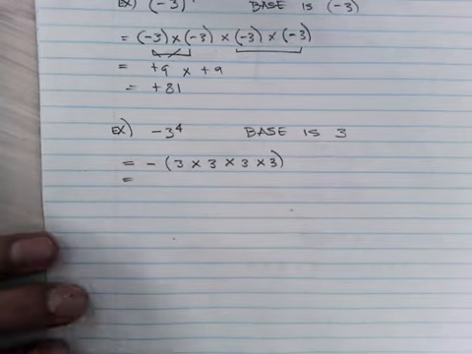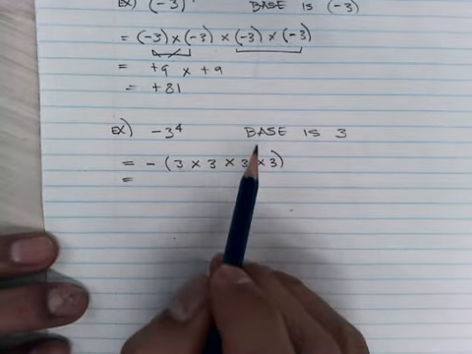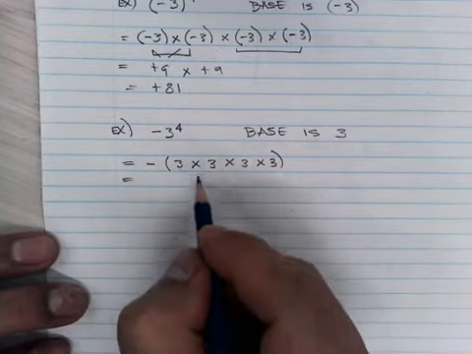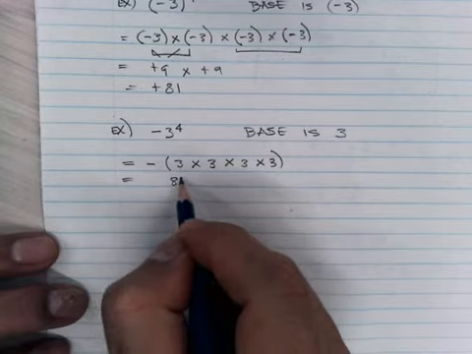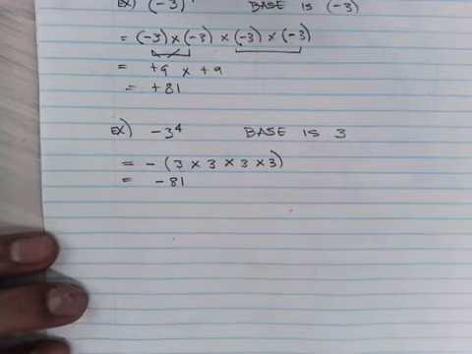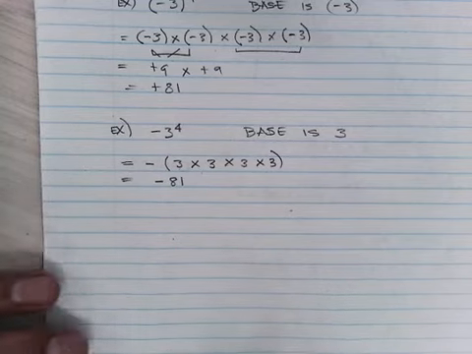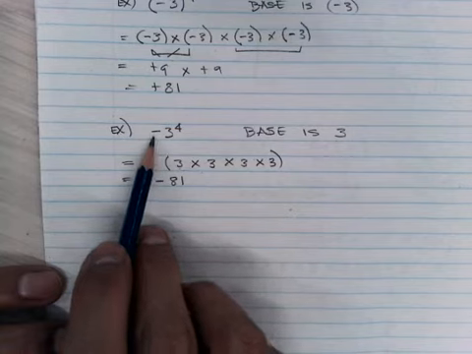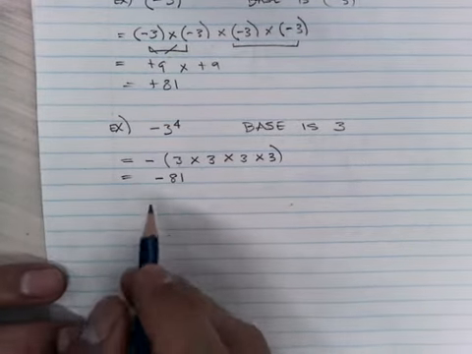And so what do you end up with here? We already know what 3 times 3 times 3 times 3 is. That's an 81. Well, you just tack on that negative in the end. But remember, in this case, the base is just a 3, not negative 3, and that negative is just the hangers on in the end.